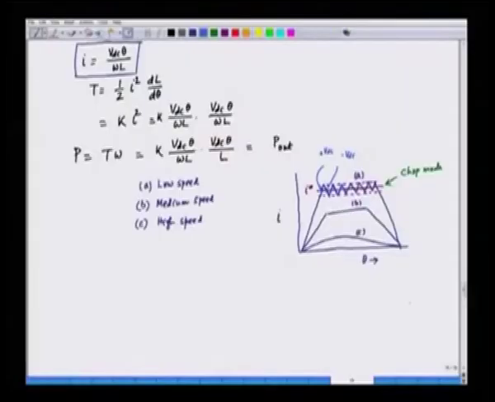And if you see the input voltage waveform VDC, it looks like this.